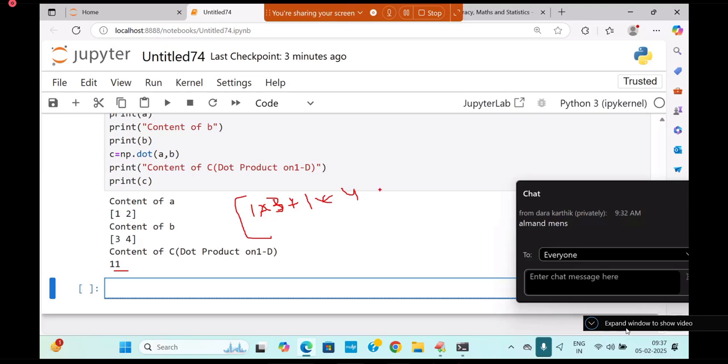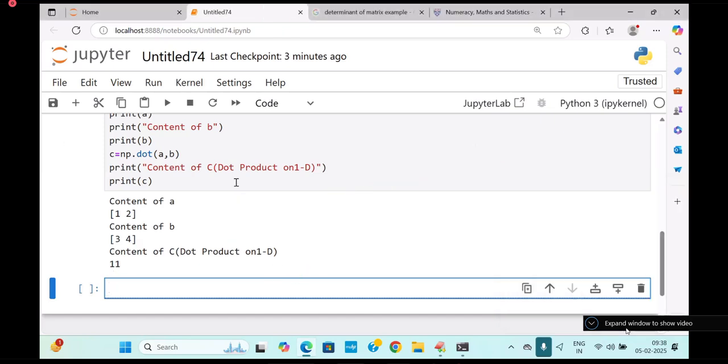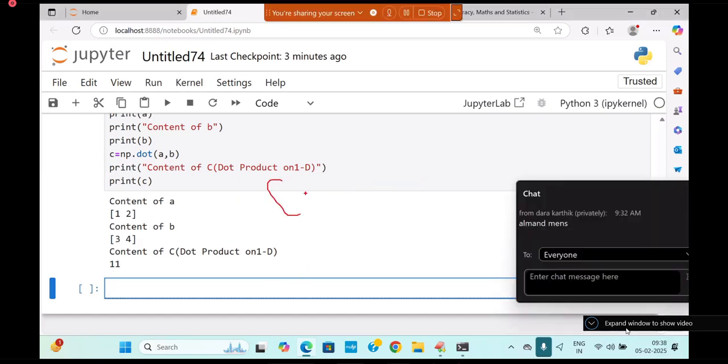So 1 into 3, and here we got 11. Next is 2 into 3 and 2 into 4. What is the operation here? This is 1, 2, next 3, 4. Each row is multiplied with what? Column.